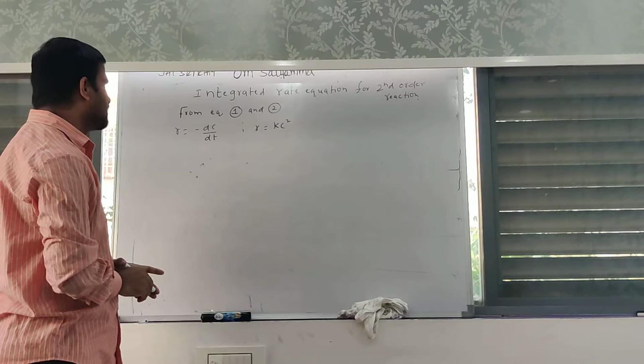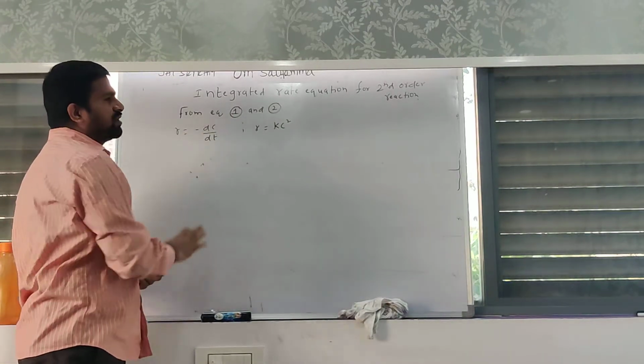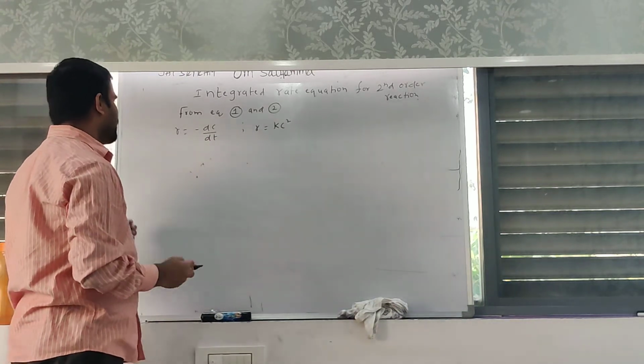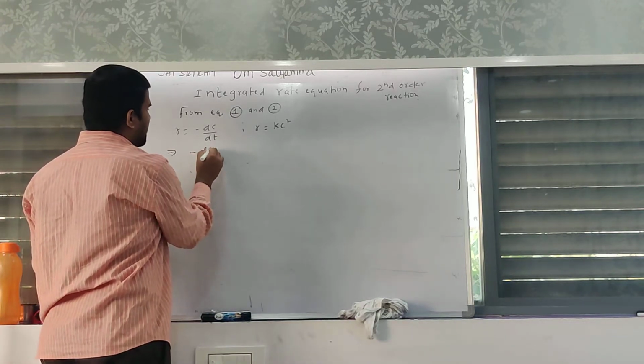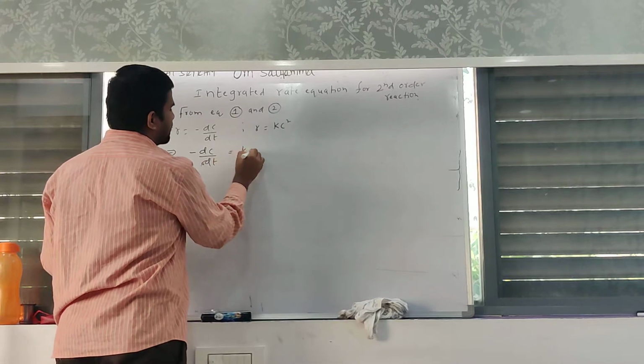You can observe equation 1 and equation 2. The left hand side R is equal, so the right hand sides you can equate. Finally you will get dc by dt is equal to kc square.